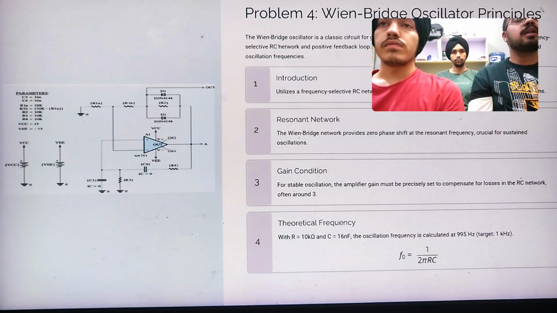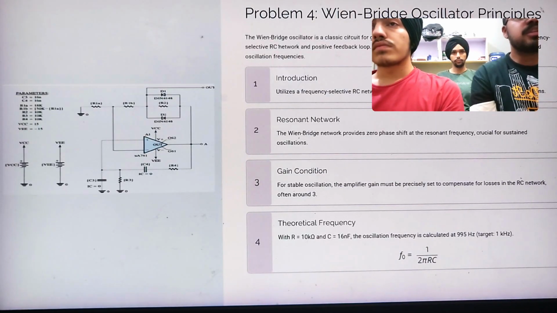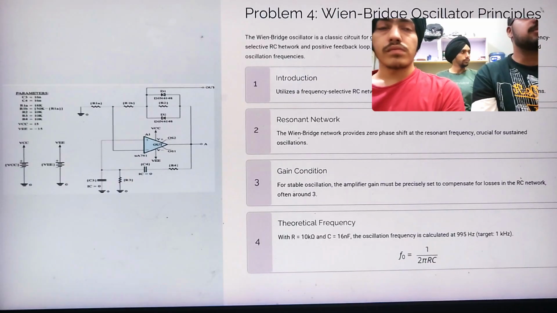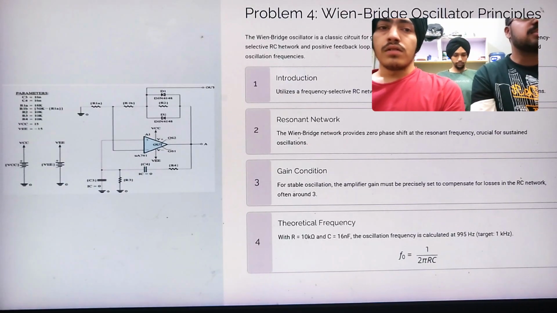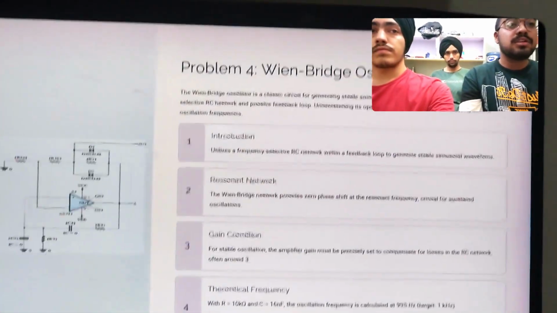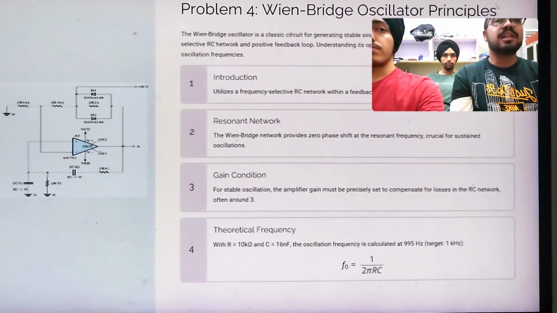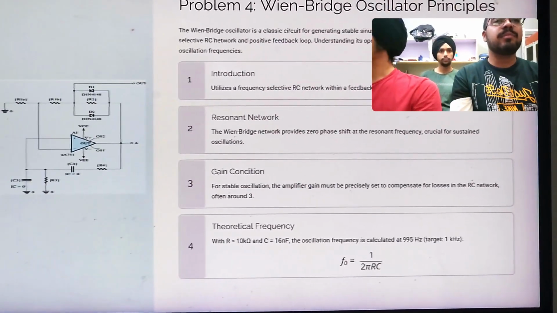So in the next problem, we have the Wien bridge oscillator. The Wien bridge oscillator is a classic circuit for generating stable sinusoidal waves, distinguished by its frequency-selective RC network and positive feedback loop.